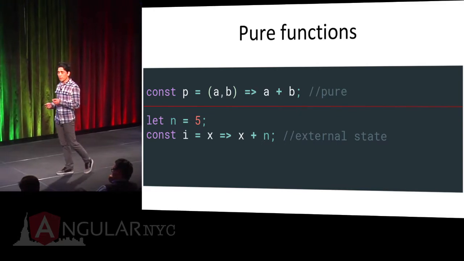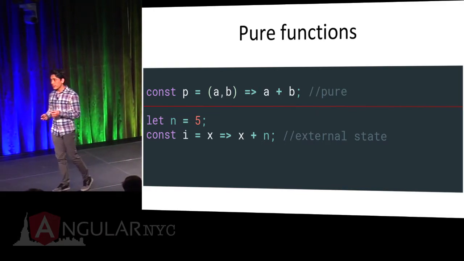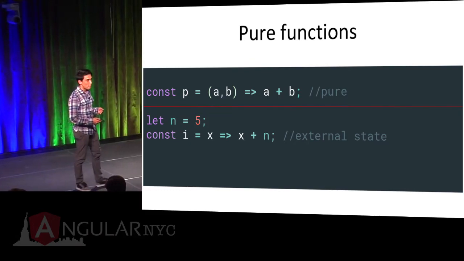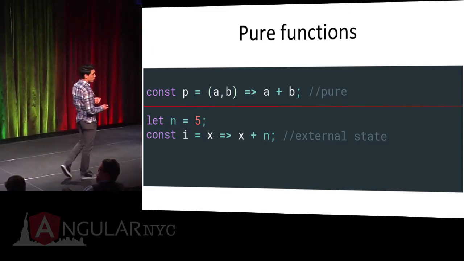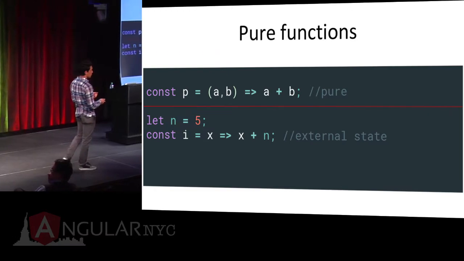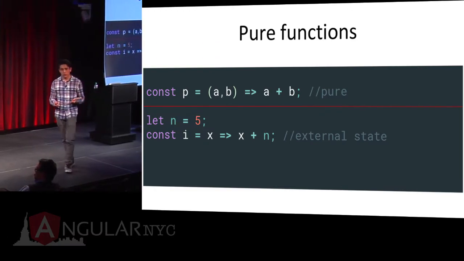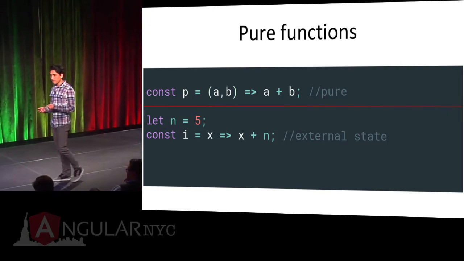It's not pure because if we keep passing the same value as x, we're not sure that someone's not going to change n, and we will start getting a different output. This is why this function is not pure, because pure functions always return the same output with the same input.